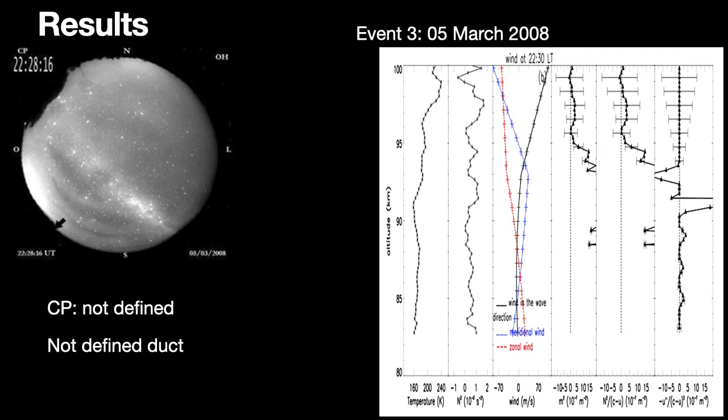It is not possible to define the complementary pattern, and another interesting thing is that, investigating the background of the atmosphere, it was not possible to define a duct as well.